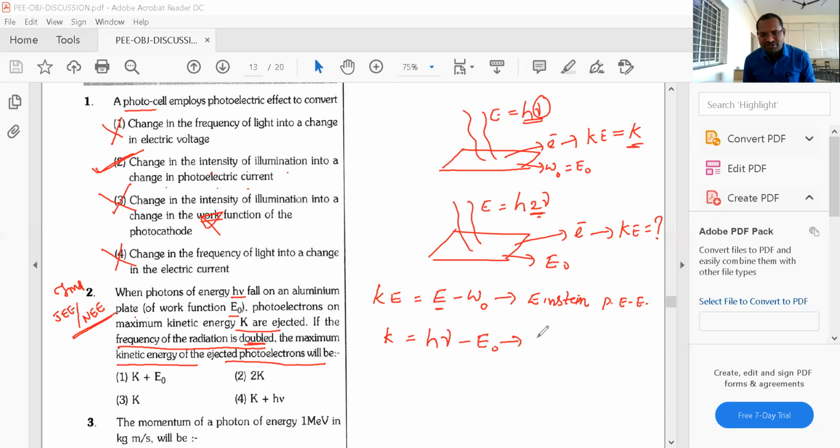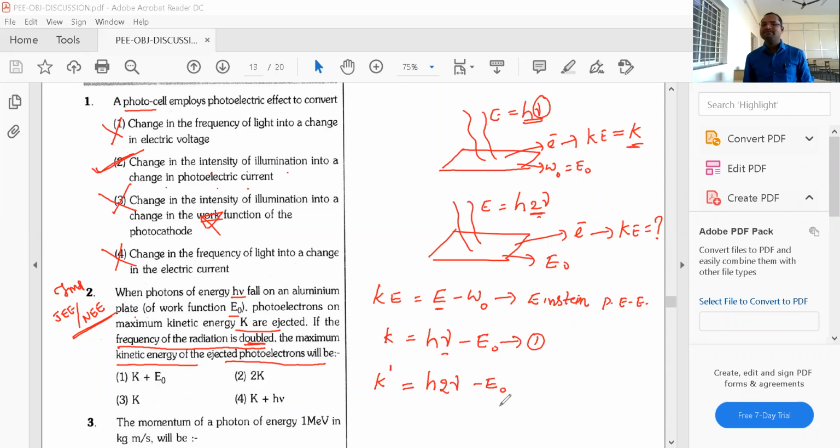Take this as equation 1. Now, second condition: the kinetic energy we need to find is equal to h into frequency doubled, means 2h nu, minus work function, which remains the same.